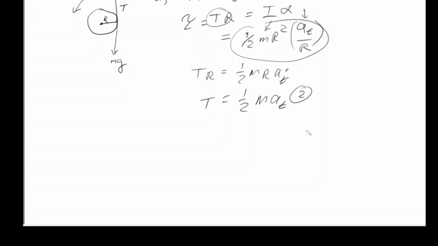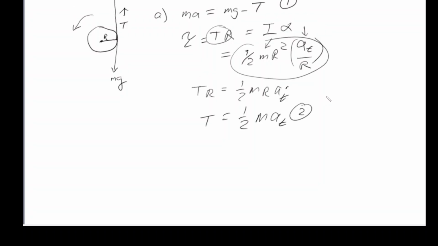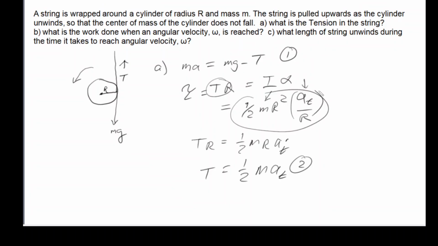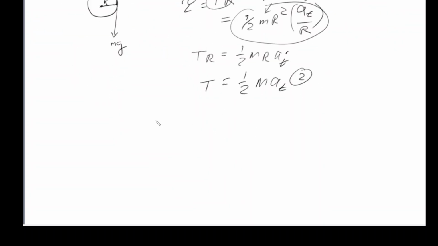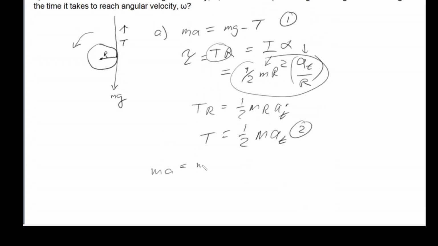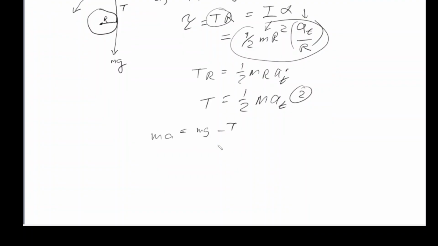Now if we put 2 into 1 above and solve for a, we get ma is equal to mg minus T, or ma is equal to mg minus 1/2 ma tangential.